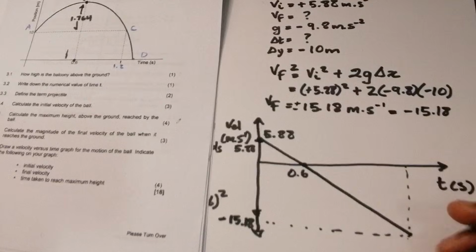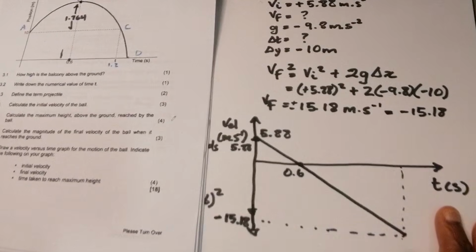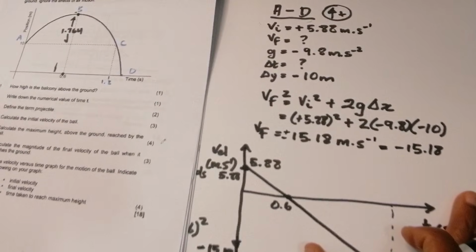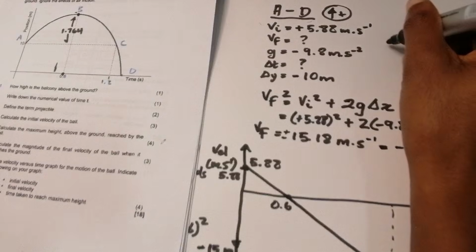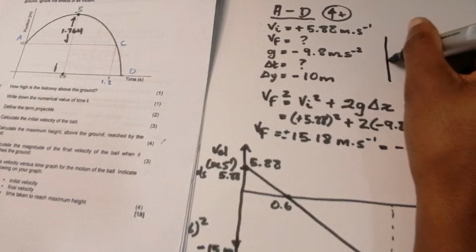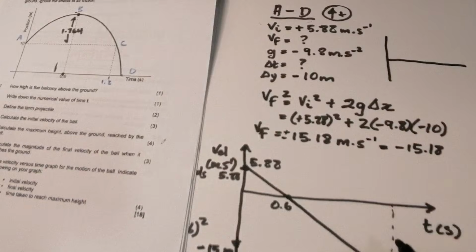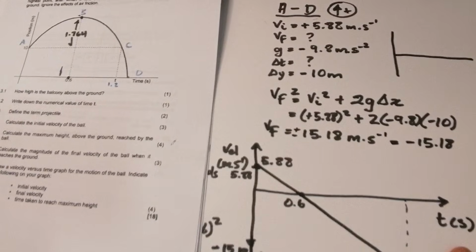Okay, right. Just one thing I want to talk about, because I haven't really spoken about the acceleration time graph. Now, if you think about it, ladies and gents, if I was ever asked to draw an acceleration time graph, remember, acceleration is a constant 9.8 throughout the motion of the ball, isn't it?